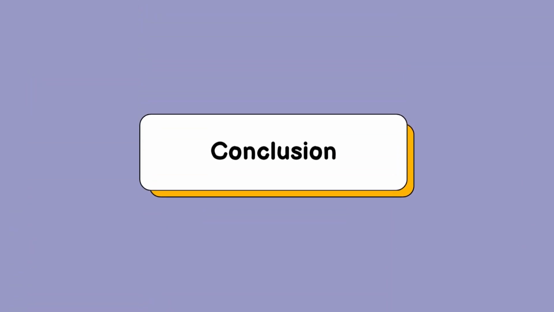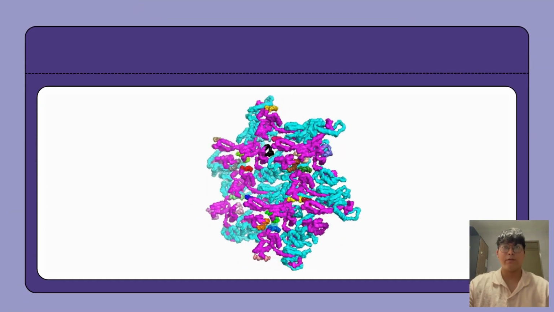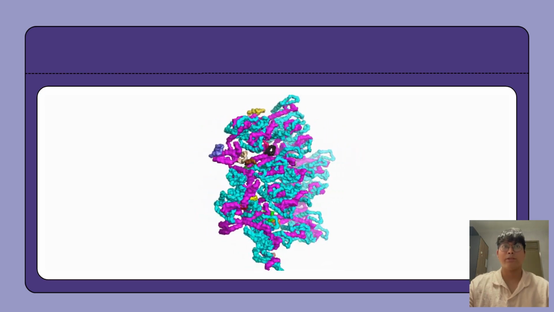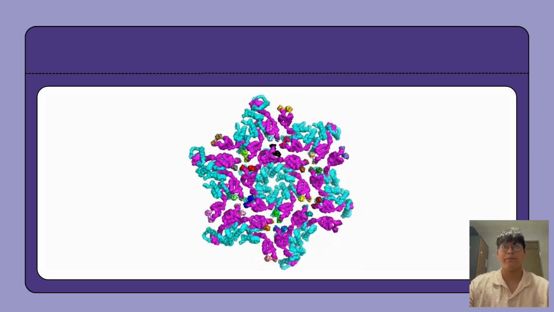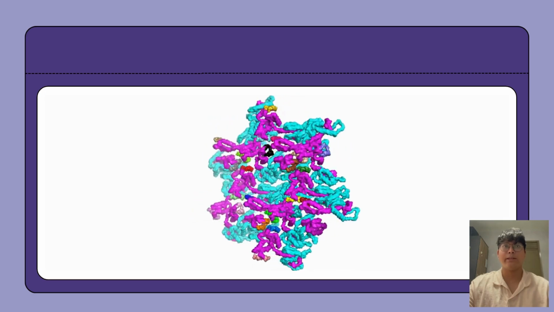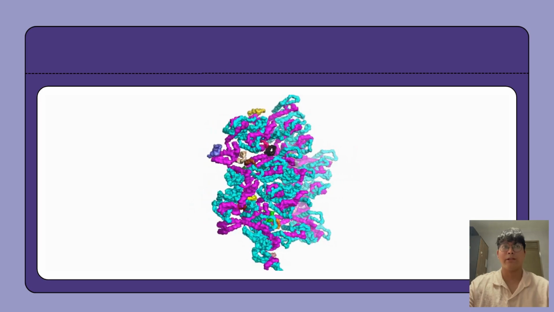In conclusion, the 5MCH protein representing the mature HIV-1 capsid hexamer plays a critical structural role in the life cycle of HIV-1. Its key functions include protecting the viral RNA genome, facilitating interactions with host factors, and ensuring proper transport and infection.